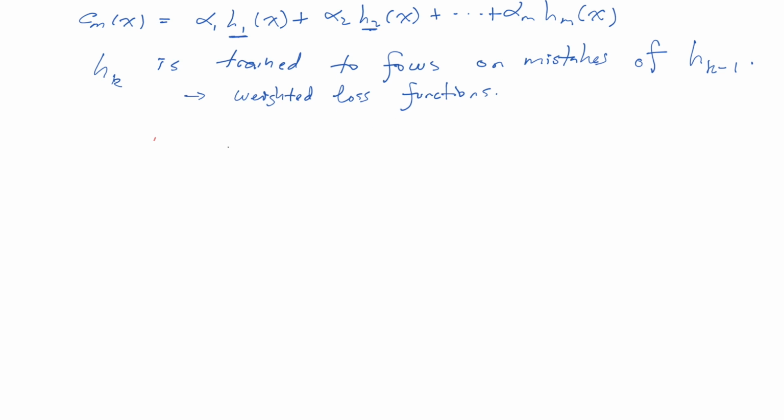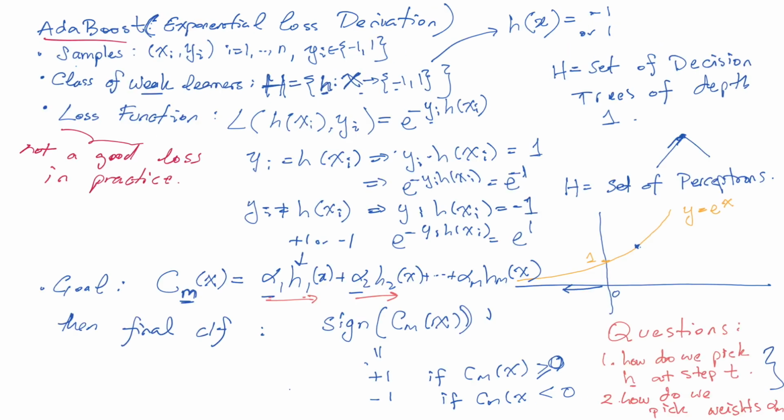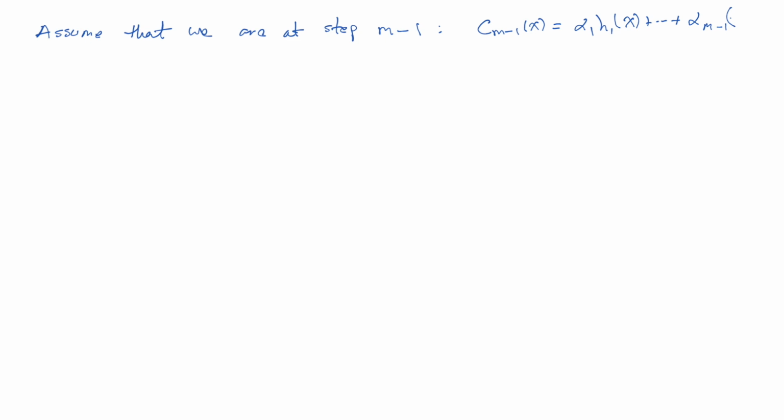All right, so how do we actually answer those two questions? How do we pick alpha and h at each step? The way to answer is to do this recursively. Assume that we are at step m minus 1, which means that we've already constructed this classifier. We've already got these m minus 1 pieces. We know alpha 1, we know h1, all the way up.